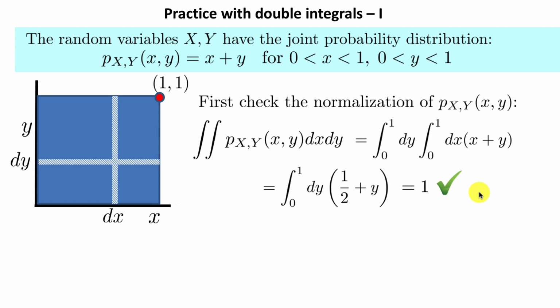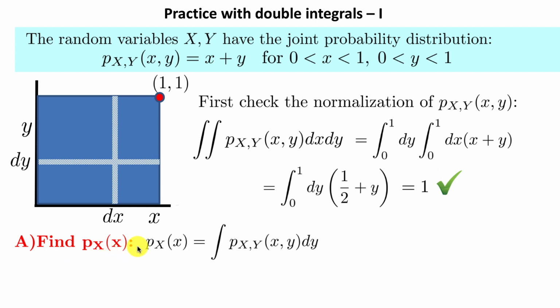Now let's come to the first part of the problem. Find the marginal distribution px of x. What that means is we need to integrate over y holding x constant. Now just put in the integration limits. The integration limits on y go from 0 to 1, and we're integrating x plus y.